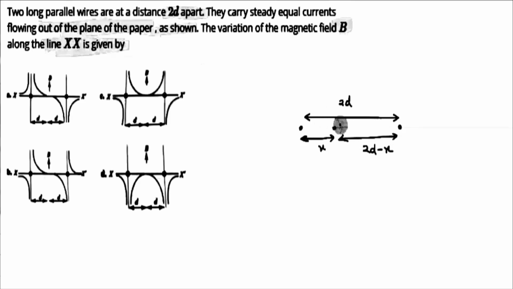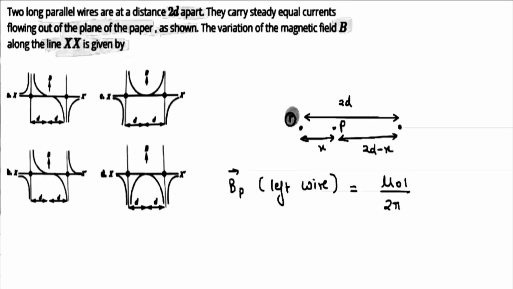So the magnetic field at this point P due to the left wire can be written as mu 0 I by 2 pi r, since for an infinite length wire, the wire is very long. r is the distance of the point P from wire 1, let's say the left wire, and this is wire 2.